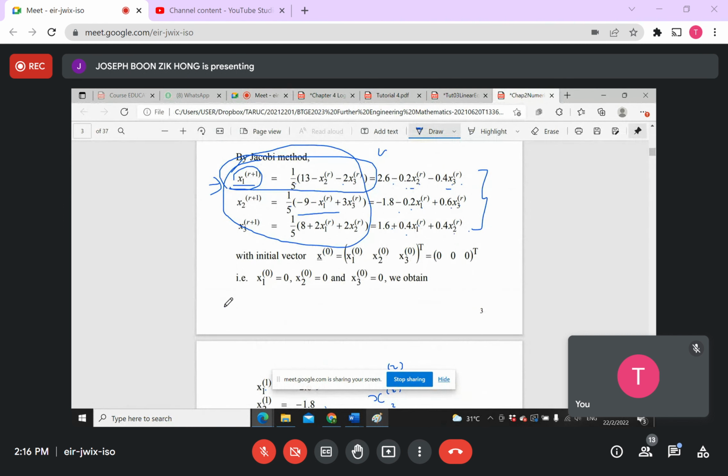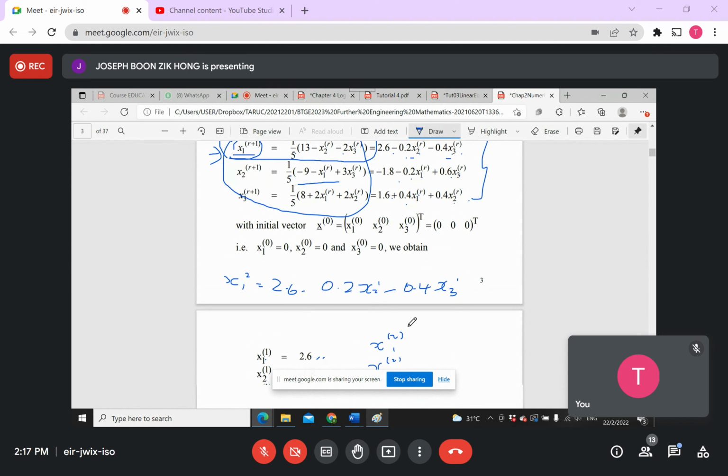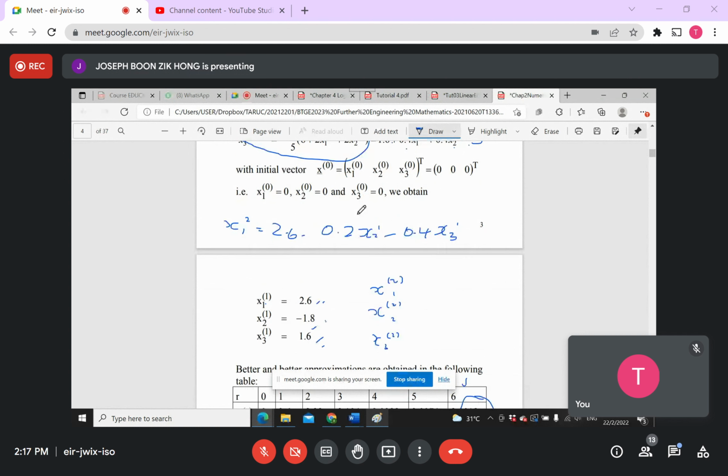X1,2 will be 2.6 minus 0.2 X2,1 minus 0.4 X3,1. X2,1 is negative 1.8, so I put in negative 1.8 here. X3,1 is 1.6, I put in 1.6 here.